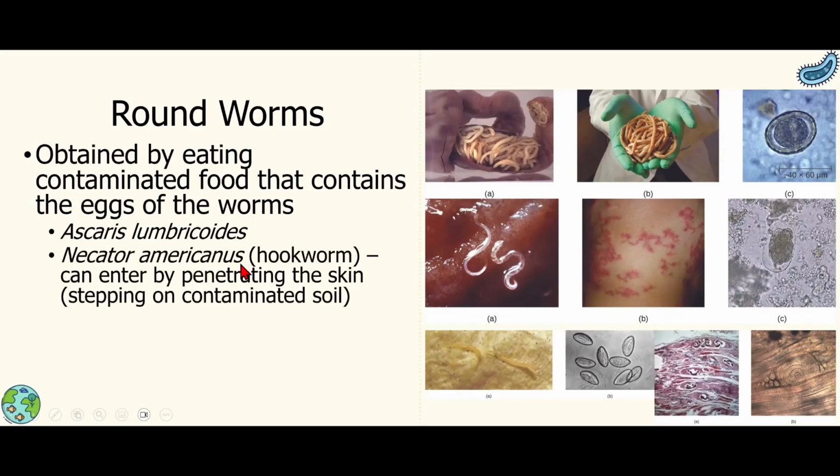Necator americanus is the hookworm. This one you can obviously obtain through eating the eggs, but a different way to obtain it is through your skin. Because it's found in the soil sometimes, if you are walking around barefoot on soil, the hookworm can actually penetrate into your skin through your feet or however you're touching the soil.